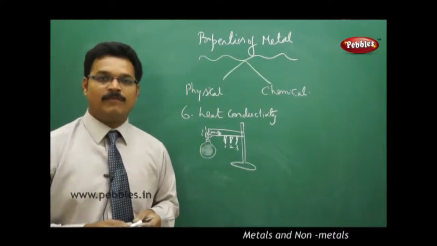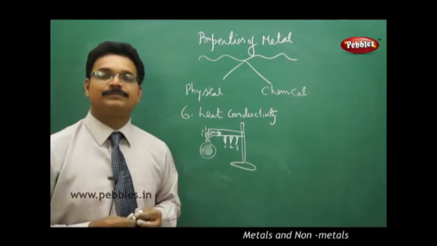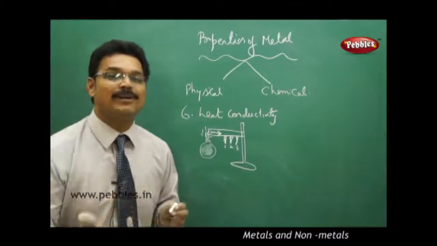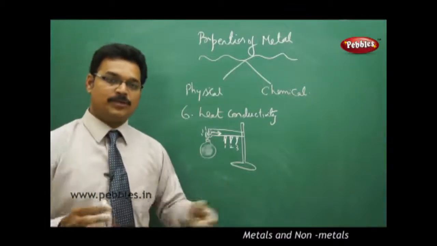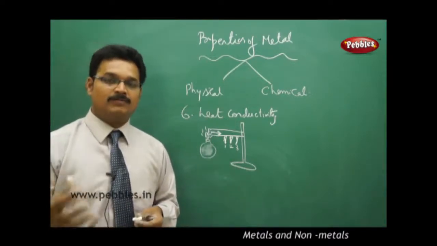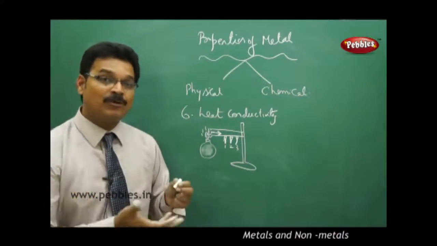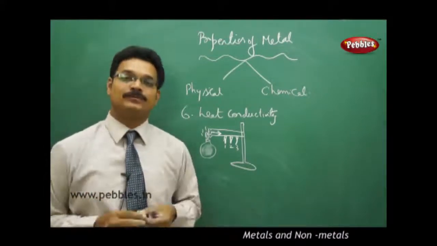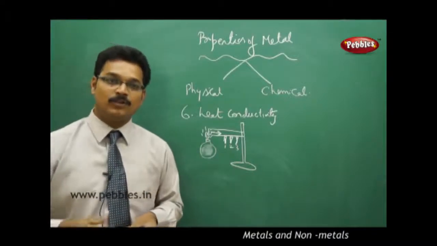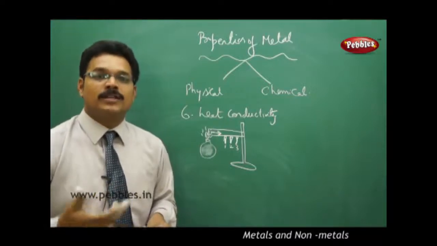Nowadays, if you want to fry, if you take a bowl type of utensil, the bottom of the utensil is coated with copper. You have two types of utensils available in the market, but many families opt for the utensils which have a copper-coated bottom. Why is it so? Because copper is a good conductor of heat, so it quickly heats the utensil so that the food is cooked faster.